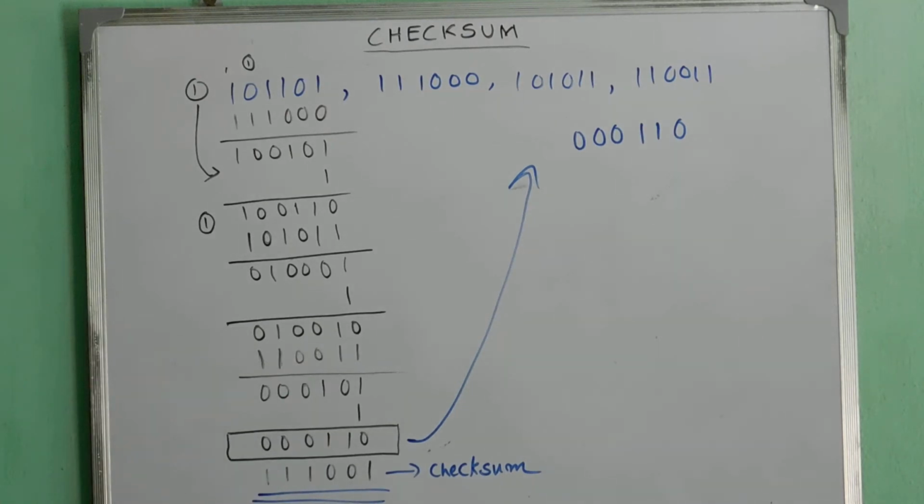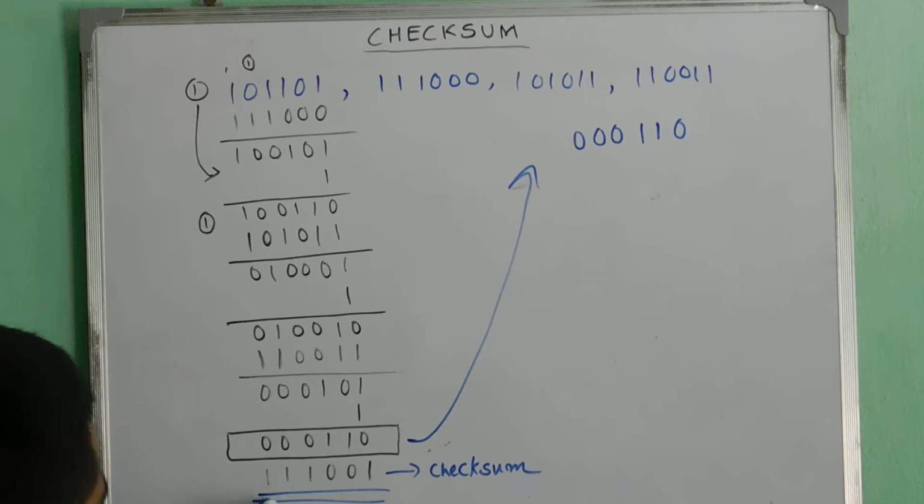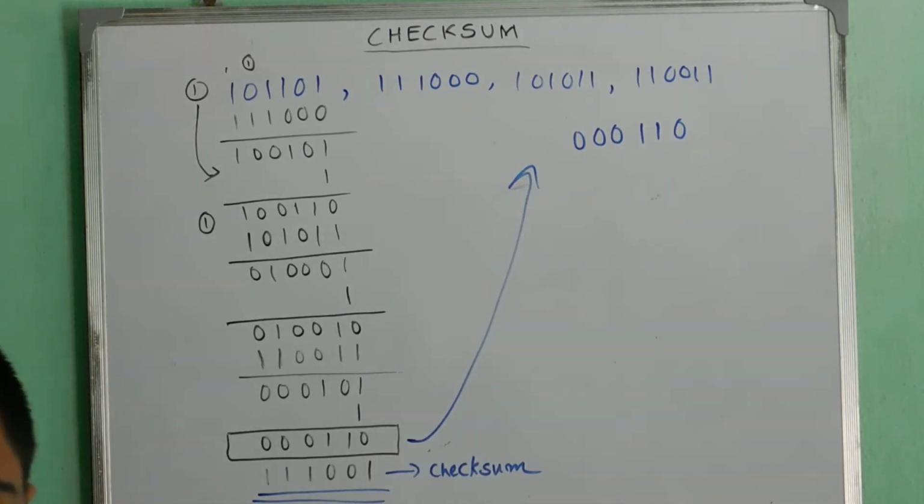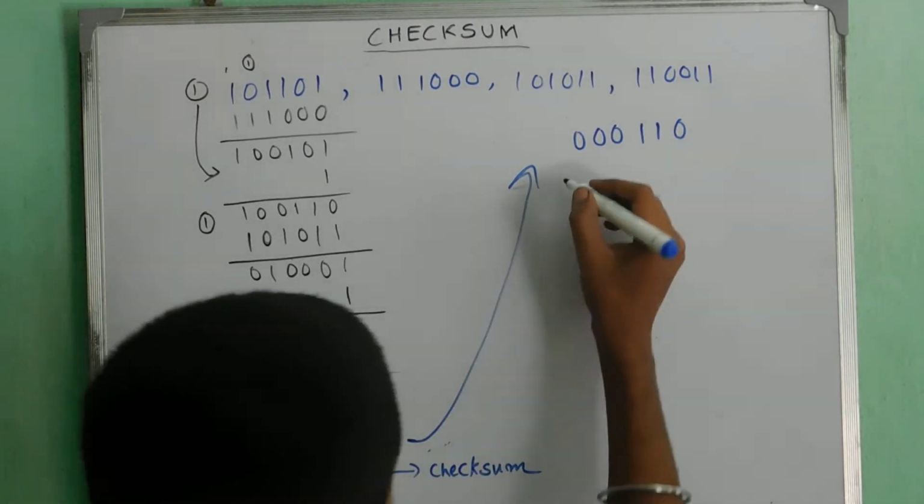Now what we will do, we are sending this checksum along with the data sets. Okay, so that means this will also be considered as a data set. Okay, so as per the checksum algorithm, we will add this checksum with the resultant data. Okay, so let's see what happens.